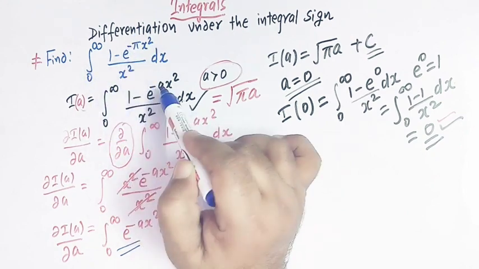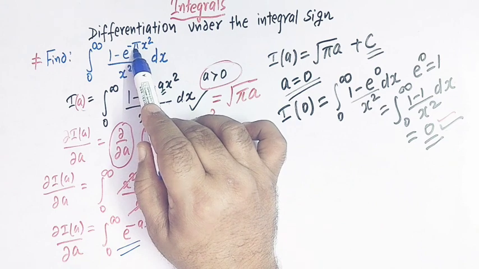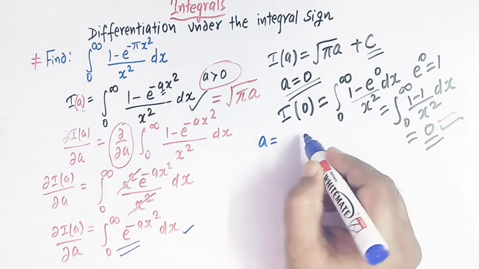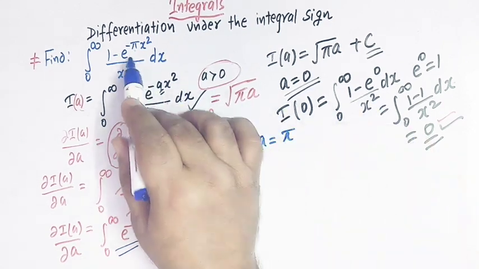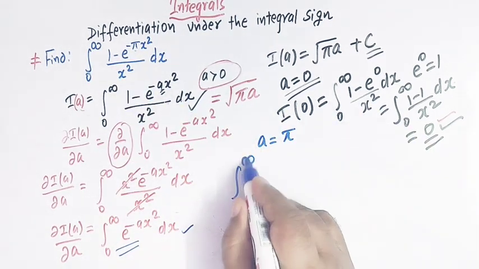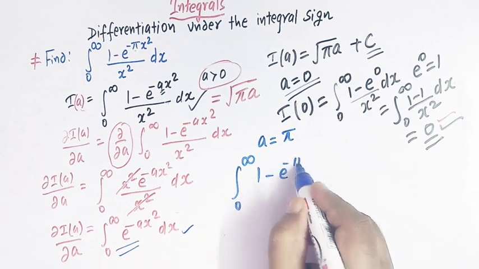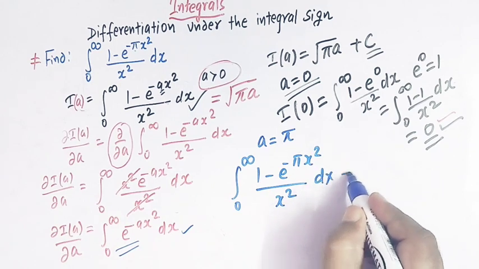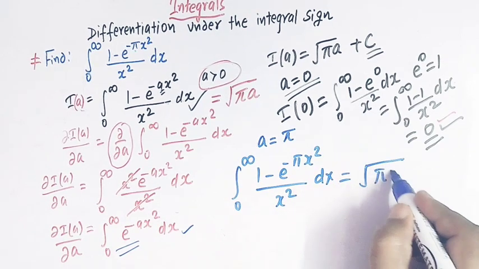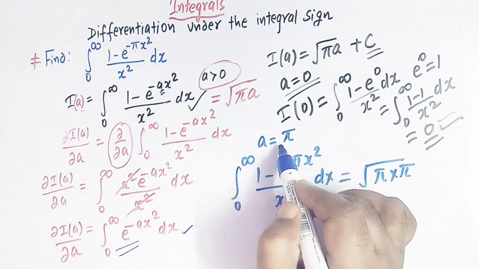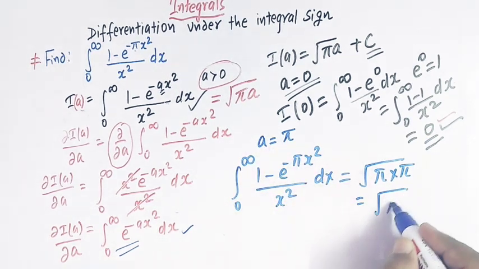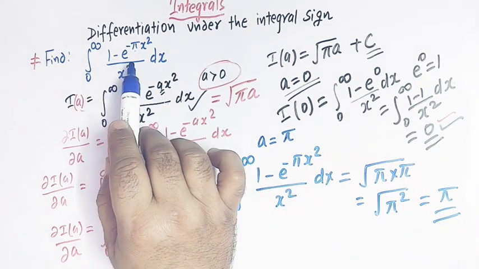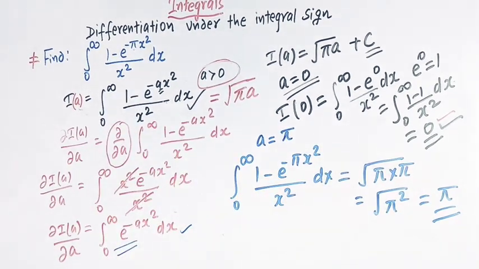So if we replace a by pi, because here we have minus pi x square, so if we take a is equal to pi, then the value of this integral, the integral of e raised to minus pi x square over x square dx, is equal to square root of pi times pi, because a is pi, so this is square root of pi square, that is equal to pi, right? So the value of this integral is pi.